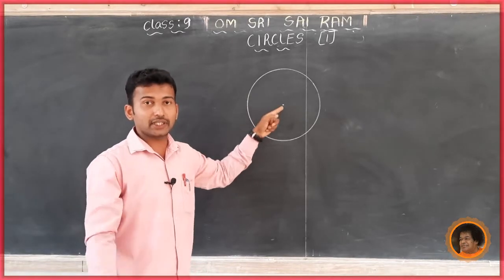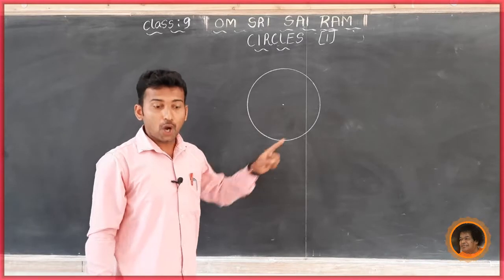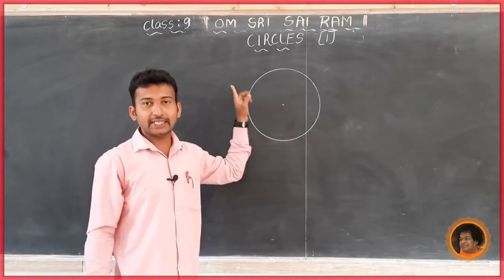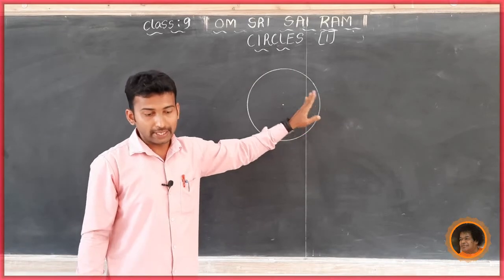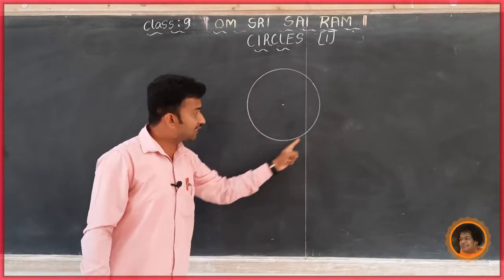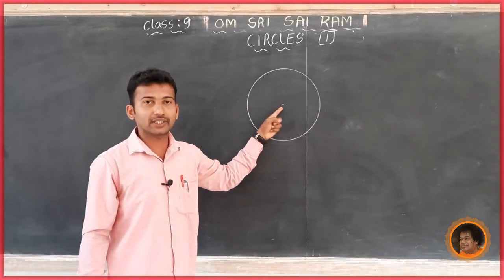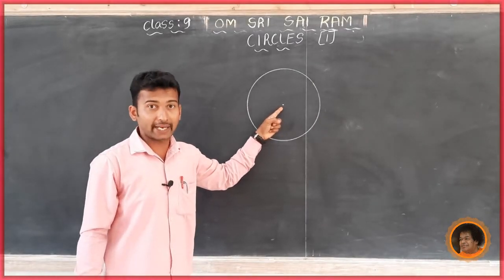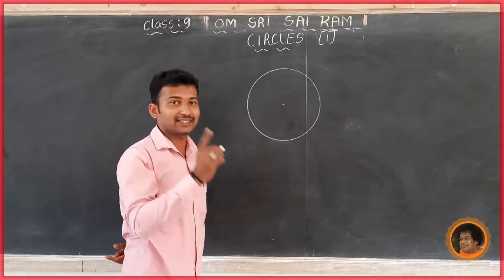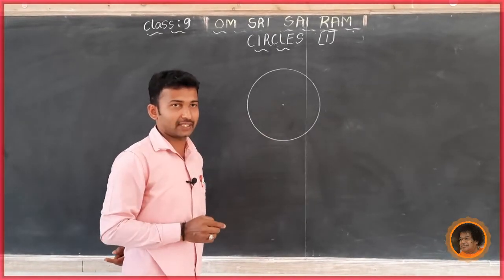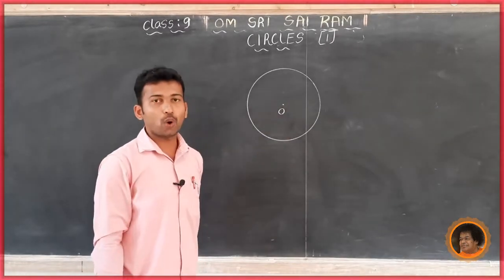So, the definition of a circle is: the collection of all the points in a plane which are at a fixed distance from a fixed point is called a circle, and the fixed point is called the center of the circle, and it is named O.